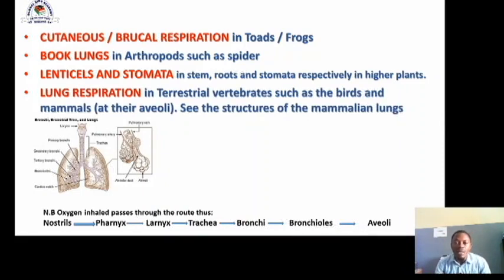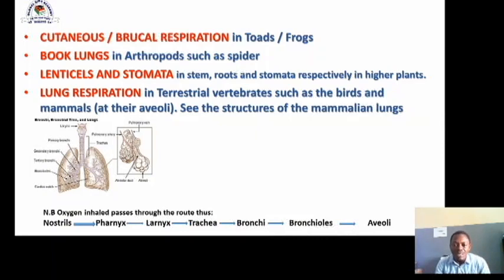And then we have lung respiration in terrestrial vertebrates such as birds and mammals and some other vertebrates. The alveoli, as you can see in the structure, is where gaseous exchange takes place in organisms that use lungs for their respiration.